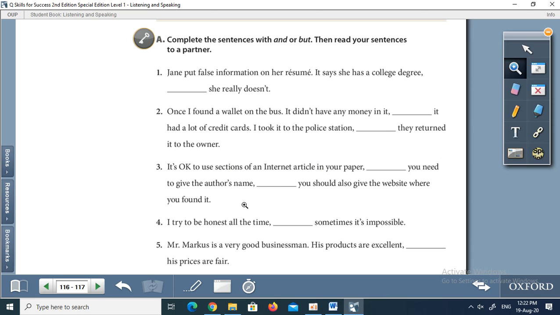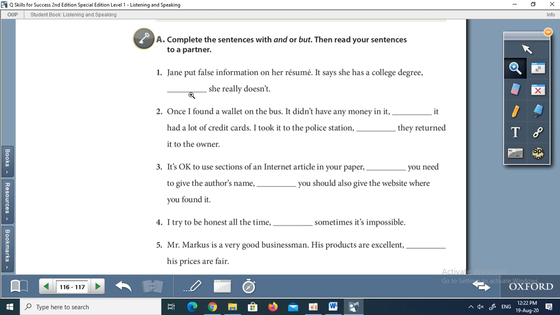So what I need you guys to do is read through the sentences and decide for yourself if it should be an and or if it should be a but.